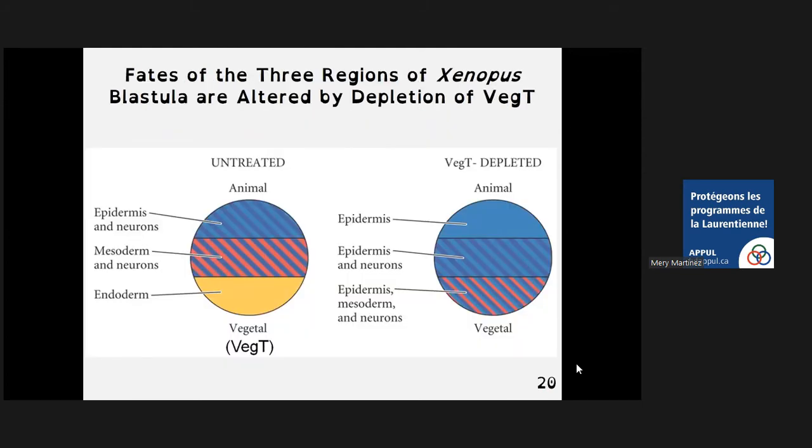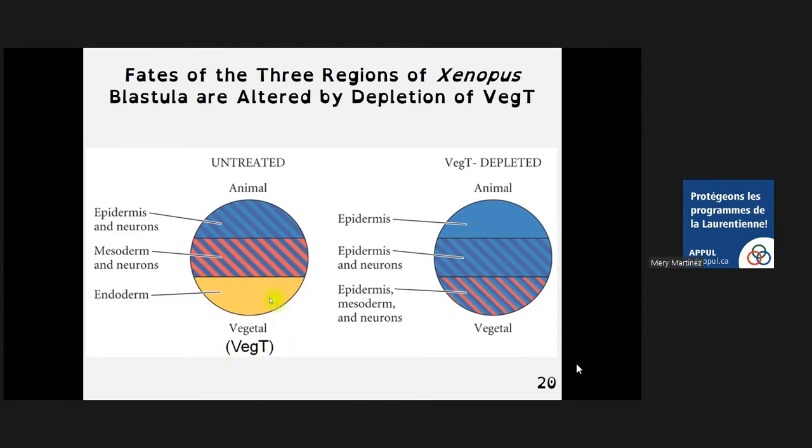So the mechanisms for the specification of these parts normally reside in a set of RNAs that are tethered to the vegetal cortex only. And this is what we have in here. So we have the transcription factor VegT, VEG because it's placed primarily on the vegetal hemisphere, okay?